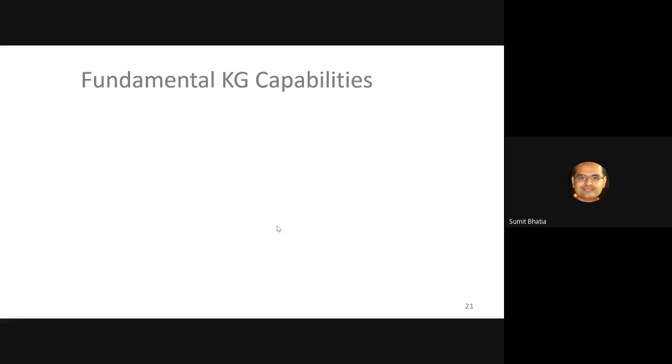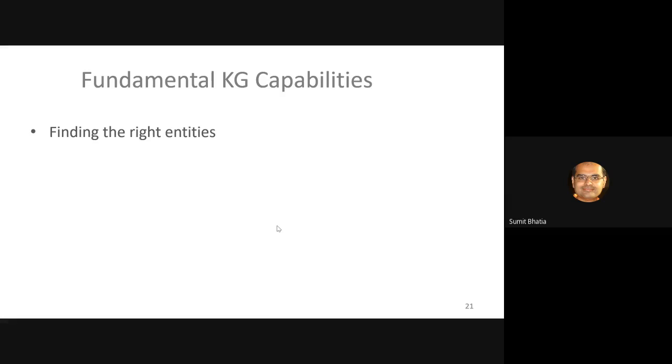So let's start. From the user's point of view, the fundamental capability that a graph should offer is, first of all, that the user should be able to easily find the entities that they are interested in. Let's say if you are a scientist in medicine, you should be able to figure out, is there a drug or a medicine or a chemical I am interested in?